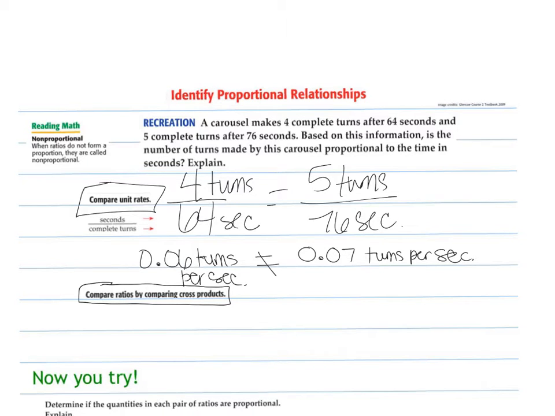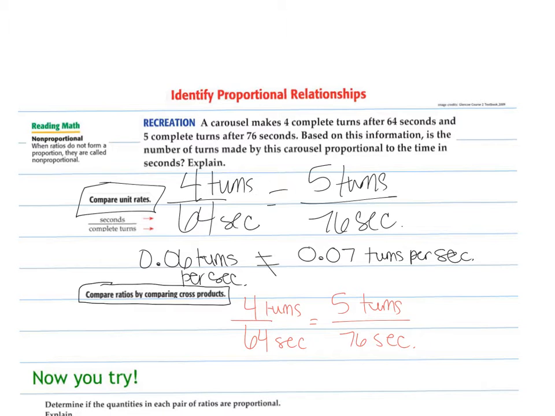The other way, which we're going to use more often, is we're going to compare them by using the cross products. So I'm going to rewrite this. 4 turns over 64 seconds is 5 turns over 76 seconds.